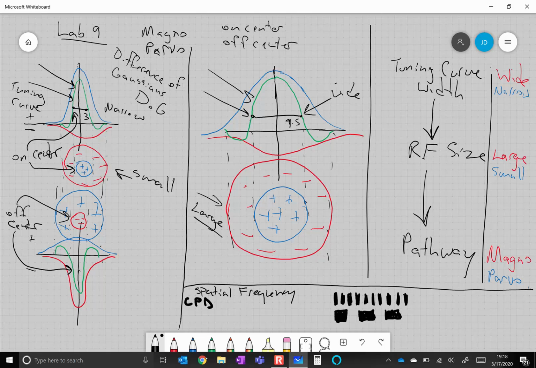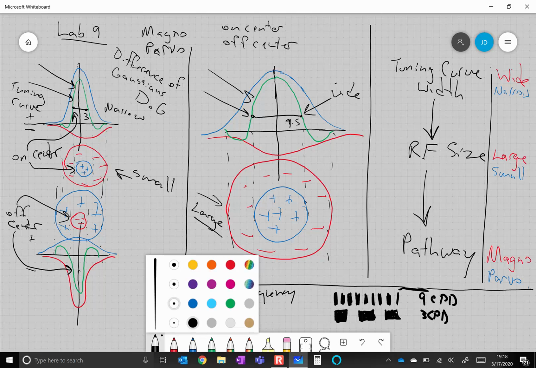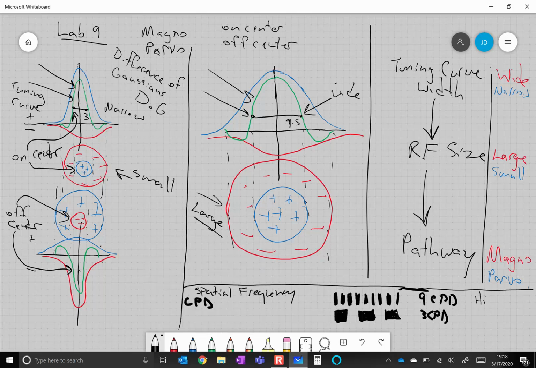We see we have 1, 2, maybe 3 cycles per degree here at the bottom, and at the top we have 1, 2, 3, 4. Let's say 9 cycles per degree, for example. So this is a high spatial frequency and a low spatial frequency.